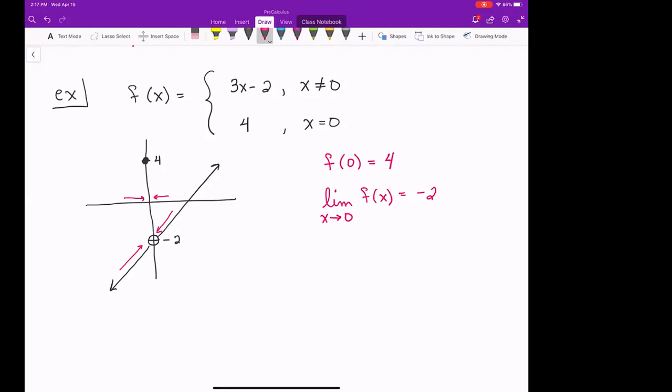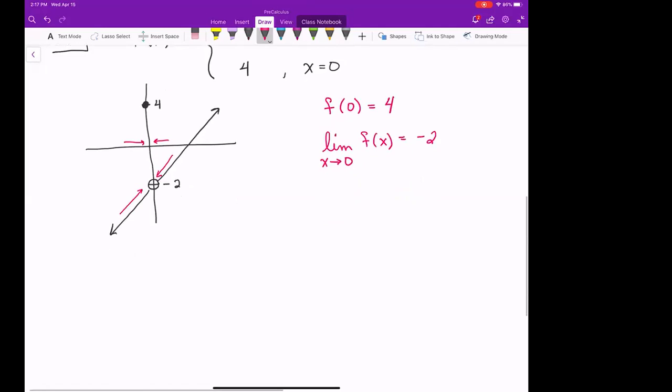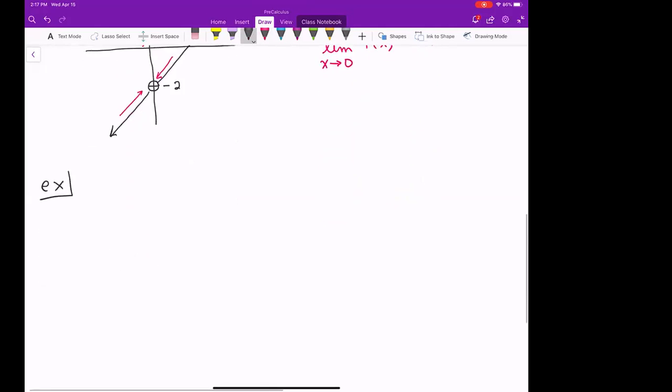Okay. I can give you another. So these are all examples with graphs. I'll show you on a table in a second. So let's say we've got something like, I'll just go ahead and give you a picture. Okay, something like this.